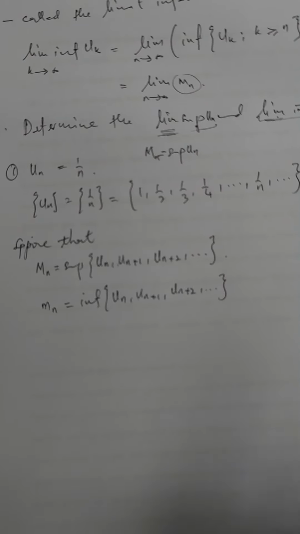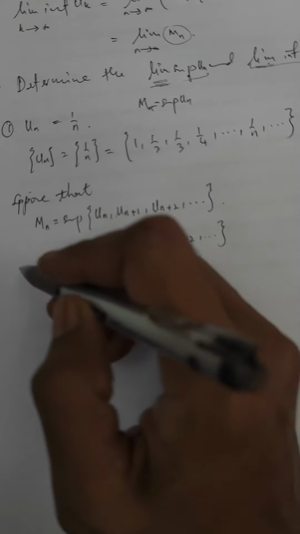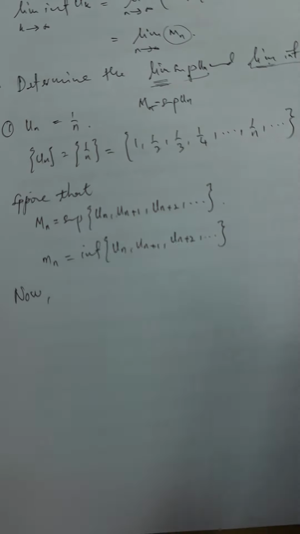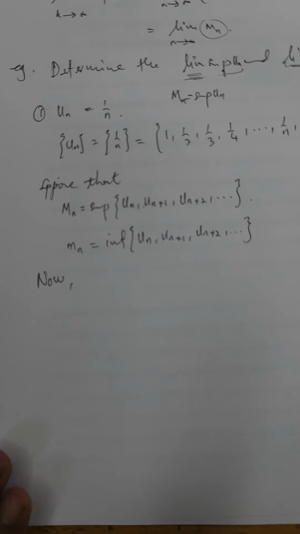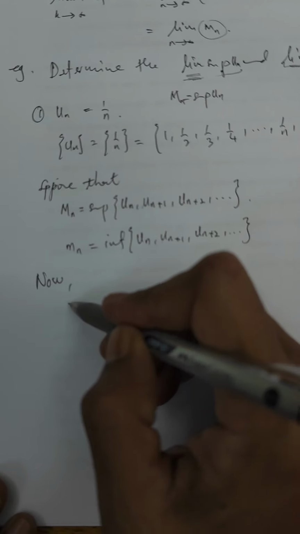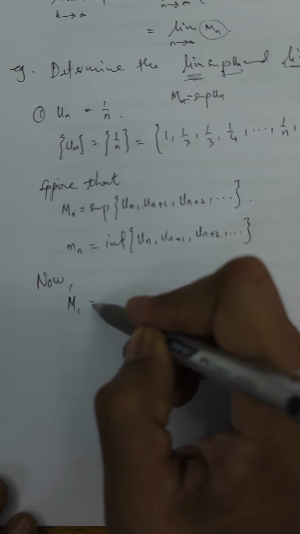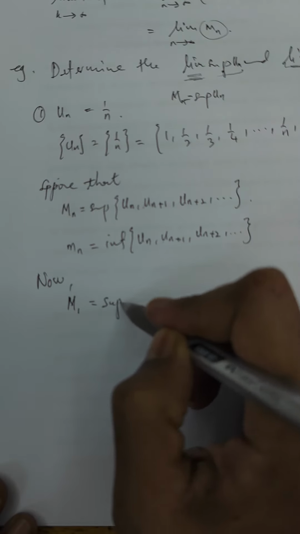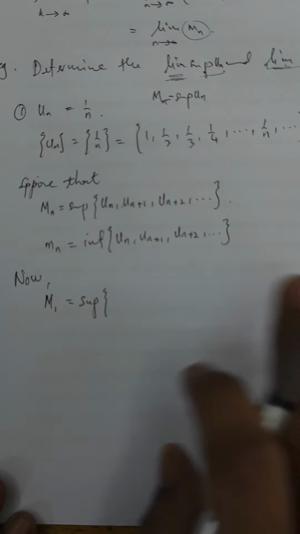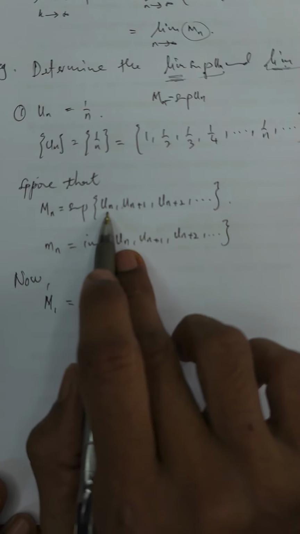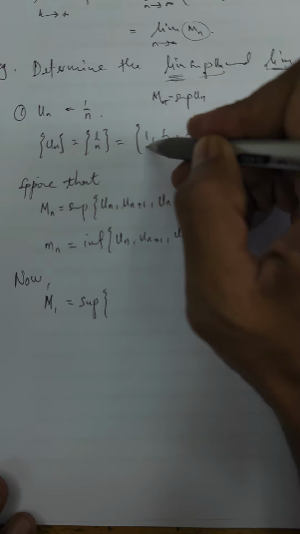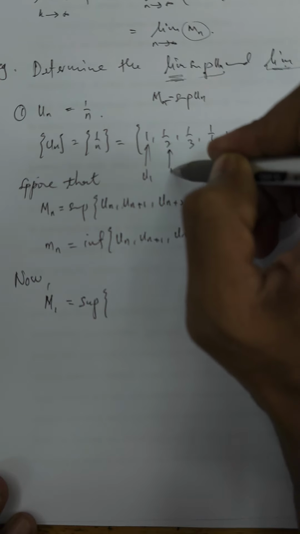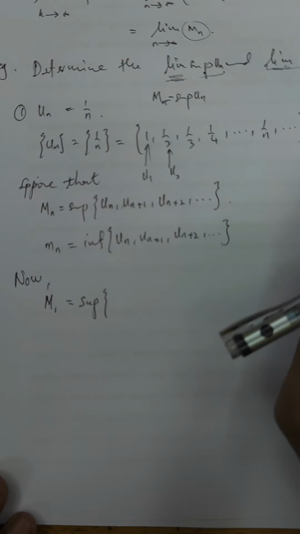Okay, now using those two definitions, what do we have? You can write down m1 from those. This is the supremum of. Now, what is u1? When you see u1 in this case, this is your u1, this is your u2, and so on.